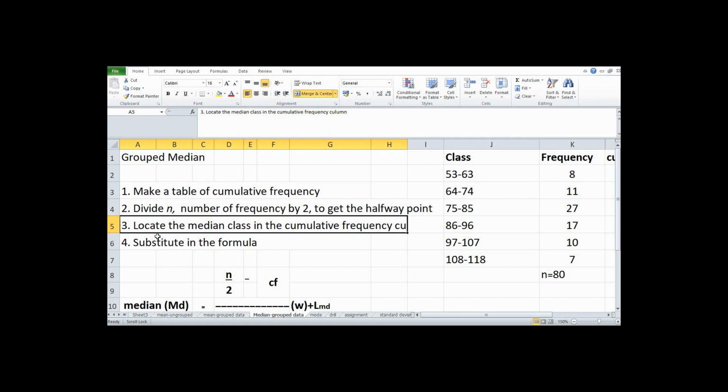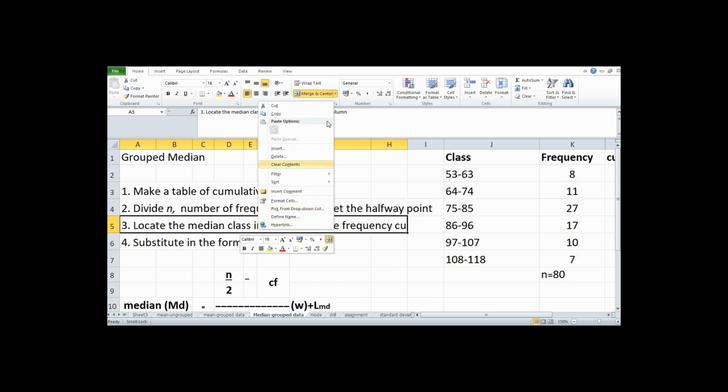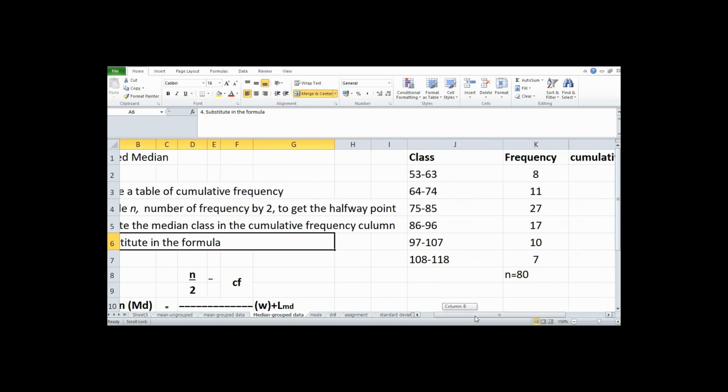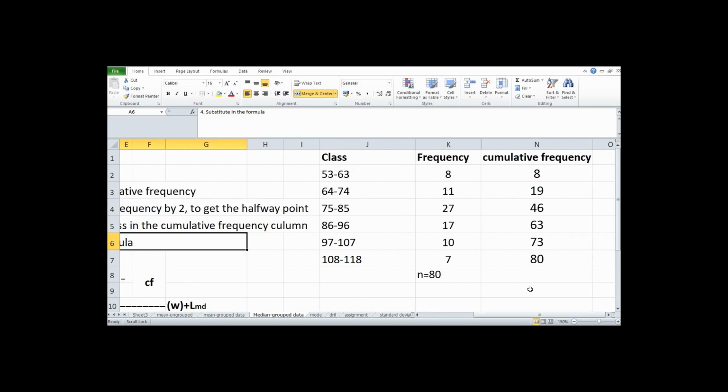Now, we need to locate the median class in the cumulative frequency. So, we need to find the value from the cumulative frequency which is closest to 40. And what value is that? You're correct.